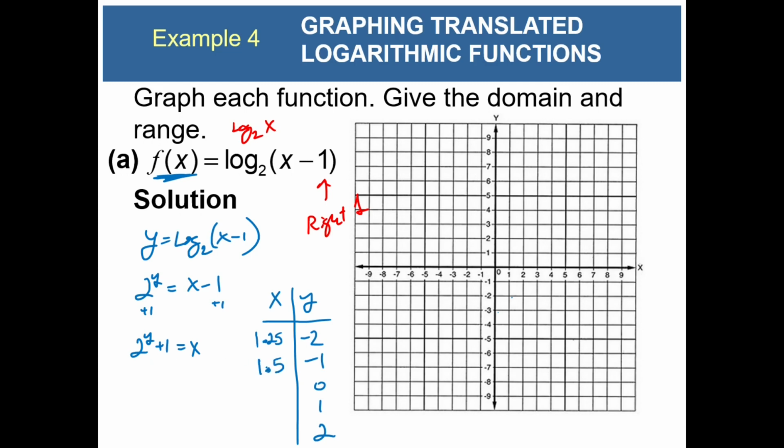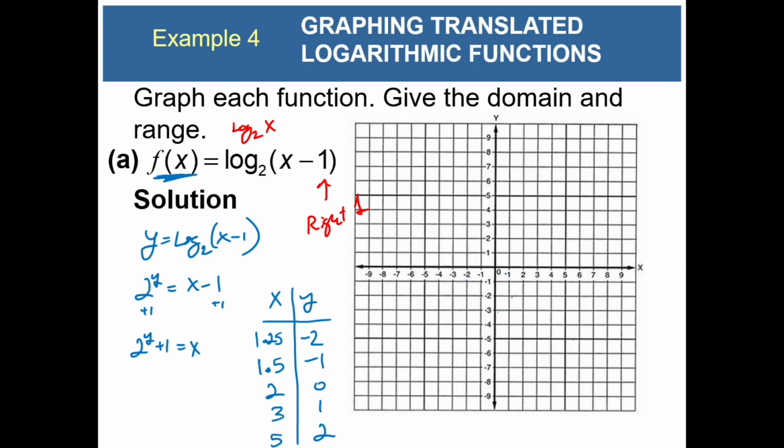And we can easily check these on a calculator. 2 to the 0 plus 1 is going to give us 1 plus 1, or 2. 2 to the 1 plus 1 is going to give us 3. And 2 squared plus 1 gives us 5.